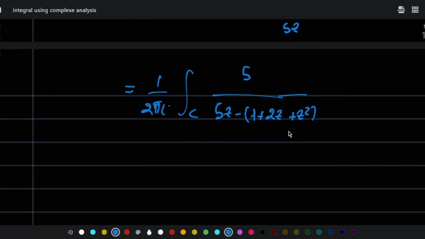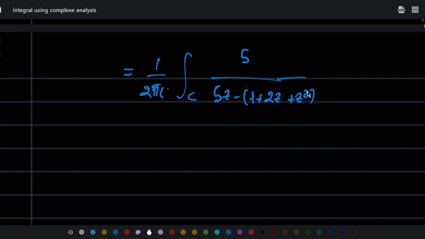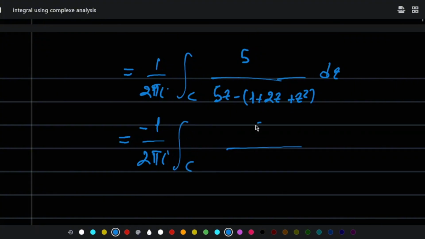So finally, if you calculate, you will get minus 1 over 2 pi i, the integral over c of 5 over z squared minus 3z plus 1 dz.